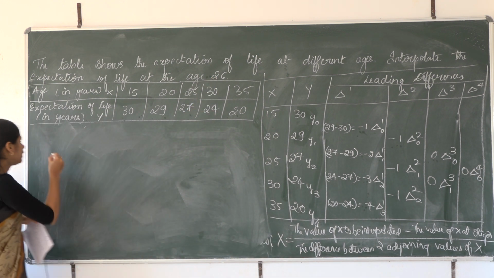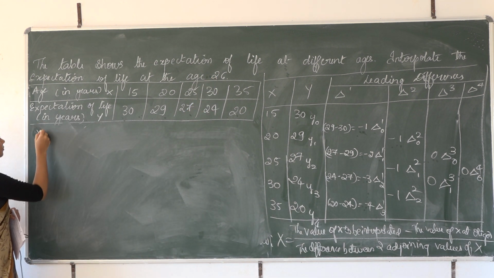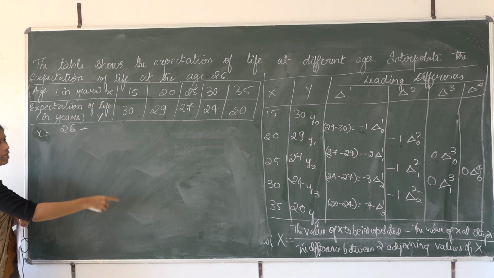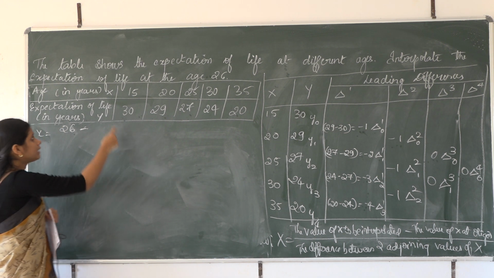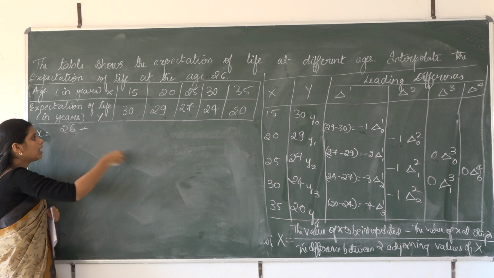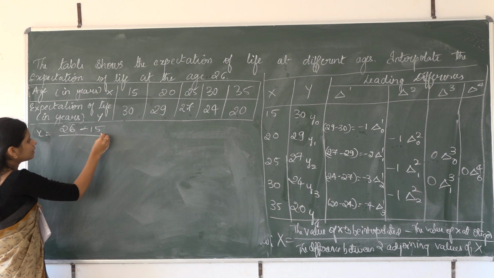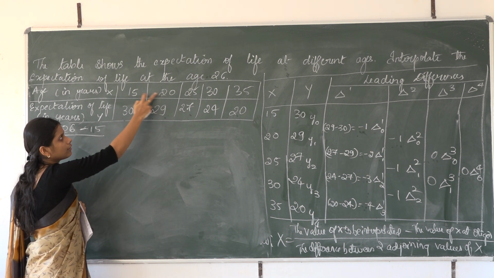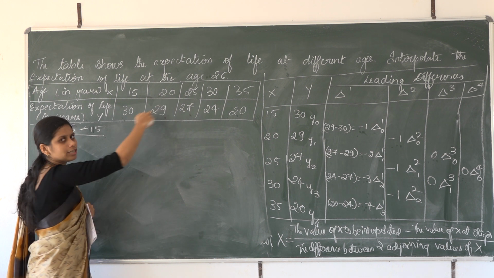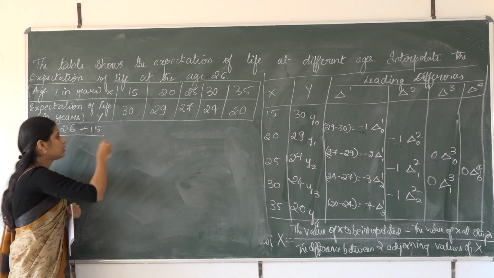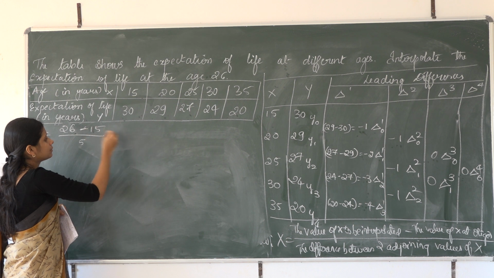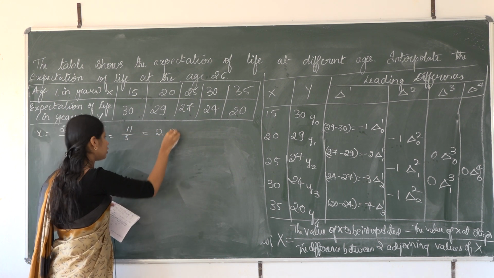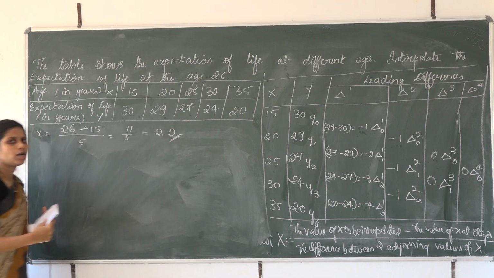That's why x is equal to the value of x to be interpolated, 26, minus the value of x at the origin, that is the beginning value of x, which is 15, divided by the difference between two adjoining values of x. What is that difference? It is 5. So 11 divided by 5 is equal to 2.2. Value of x is 2.2.